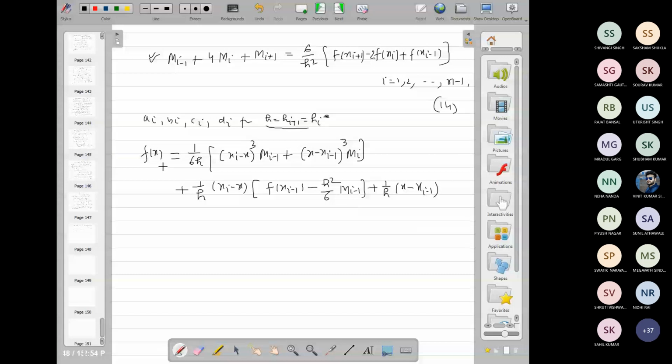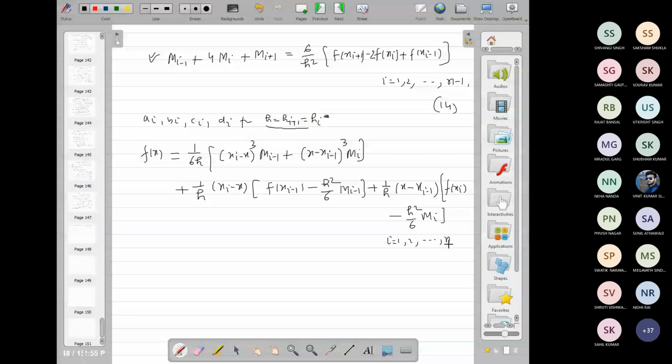You will have to work this out, it will not come directly. Into f of xi minus h square by 6 mi, this, and i is equal to 1 to n.